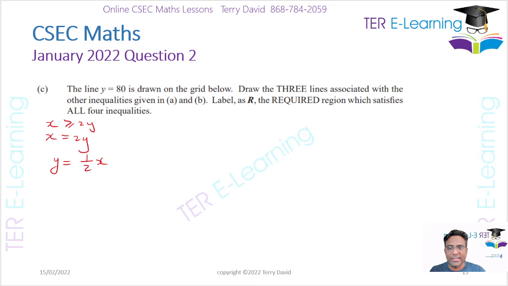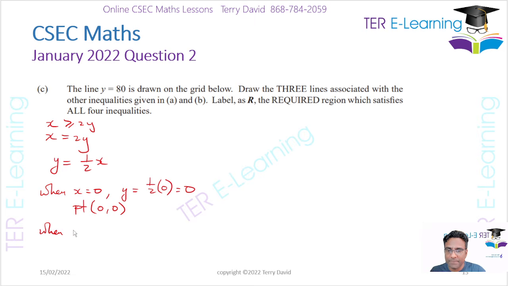So the points I'm going to use, let's say when X is equal to 0, then Y is going to be equal to a half multiplied by 0, which is 0. So one point I can plot is 0, 0. I need a second point if I want to draw a straight line.